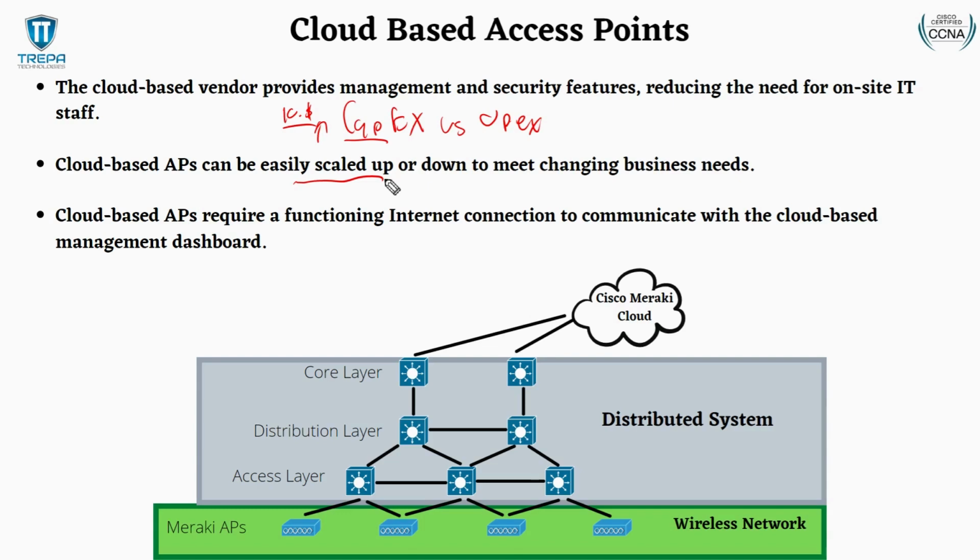So we can really have that scalability. And with cloud-based APs, all you need is an internet connection to communicate to that management dashboard. So now again, saving on your operational costs because now you don't have to update your wireless LAN controller's firmware, licensing. You don't have to do that now. You can do it from your beach house in Hawaii, all from your computer. So pretty cool. Cloud-based APs, I think, are the future.